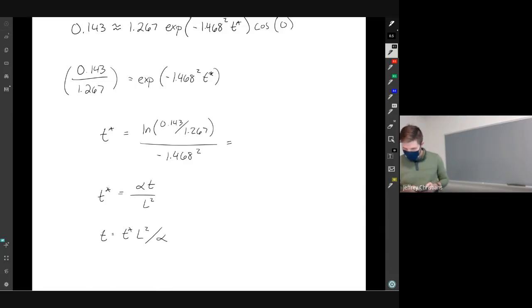I have a calculator. So the natural log of 0.143 divided by 1.267, divided by 1.468 squared.